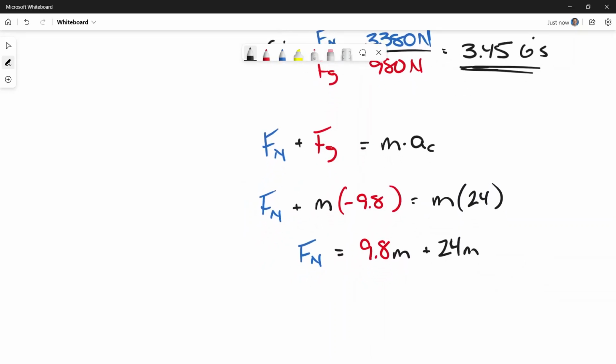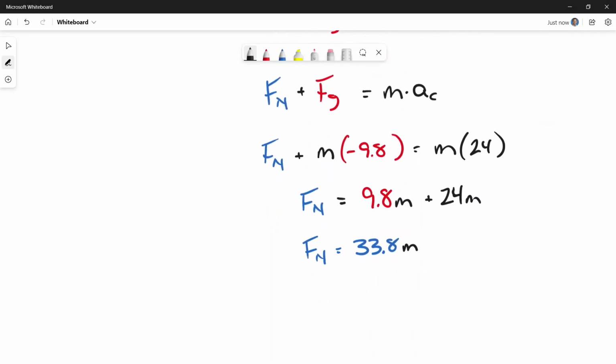And you see, we can combine those like terms. So we find that the normal force would be 9.8 plus 24, so that would be 33.8. I'll be consistent, and I like doing our normal force in blue. So 33.8 times that mass. Right, so that's actually what the normal force is.